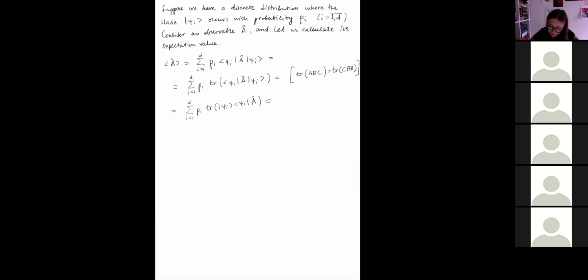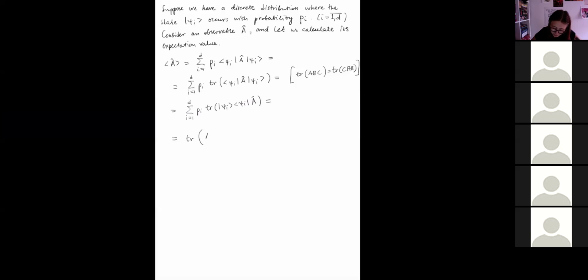Then, since the p_i's and the sum are just numbers, we can just put them inside the trace. And let us also put the A cyclically on the left side.